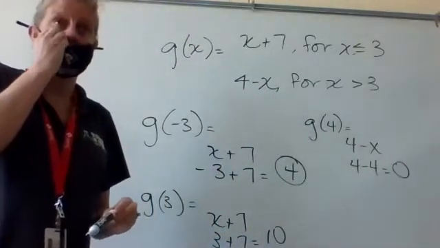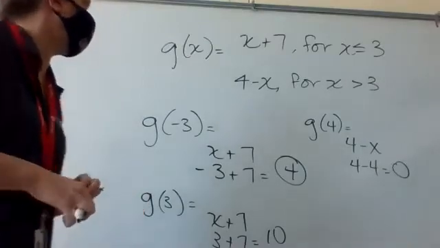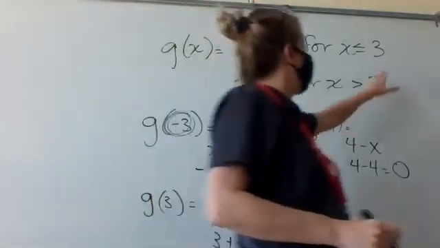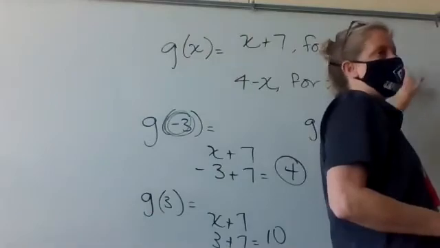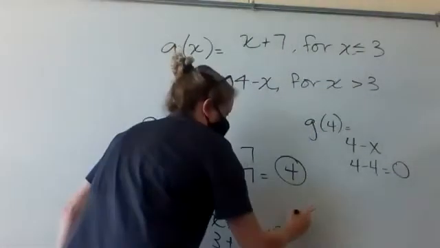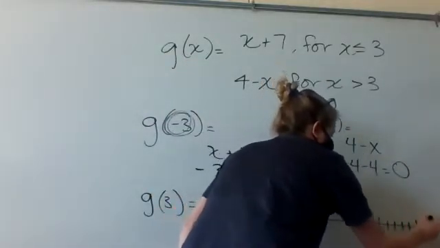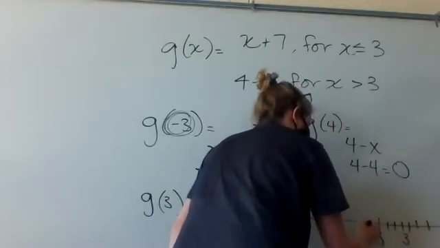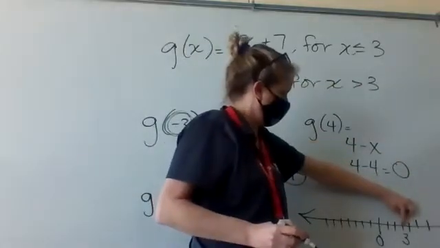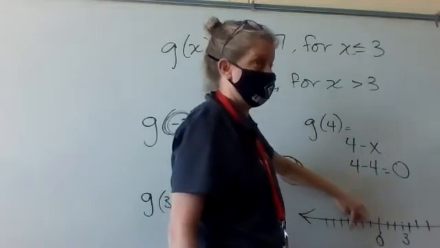Any number that's in here, there is absolutely no way that you could be in both of these groups. You're only going to be able to be in one of them. Because look at the number line. If there's 0, there's my 3. So you either equal 3 or are less than 3.